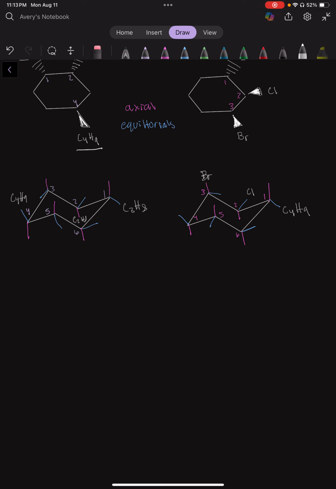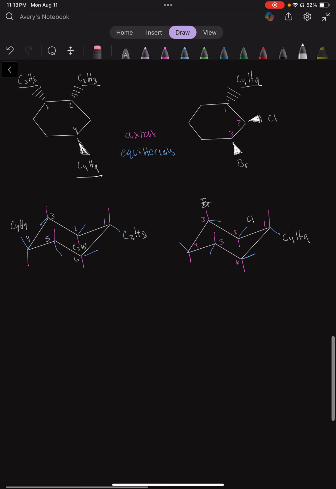Thankfully, both of these C4H9s are already on the equatorials, so we don't have to worry about flipping it. But since these are the same functional group, they're the same size. So since those are the same, we now need to look at the other two functional groups on this chair.